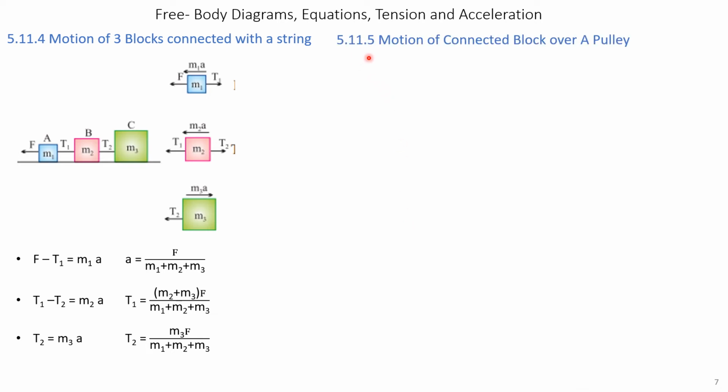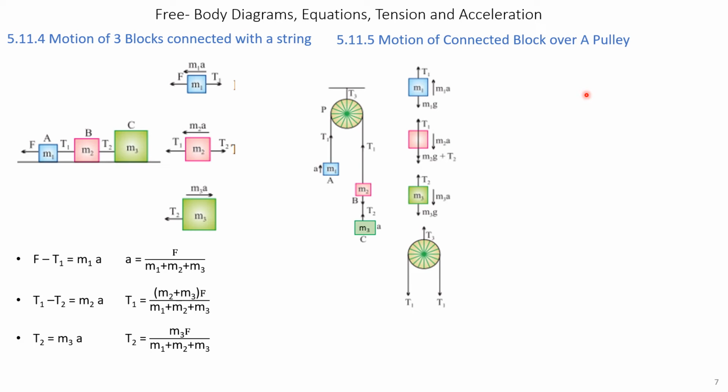Next case is motion of connected blocks over a pulley. This is a special case, and here very serious thinking and concentration is required. Please listen very carefully. Please see here, this P is a pulley which is attached to the ceiling.